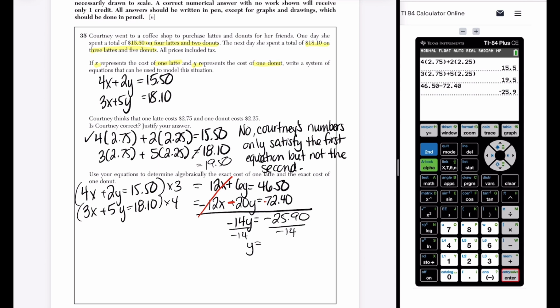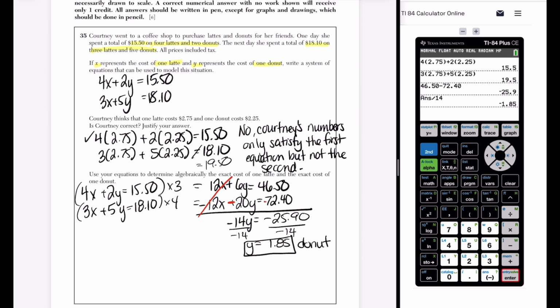So y is equal to, divided by 14, $1.85. So this is the cost of a donut.